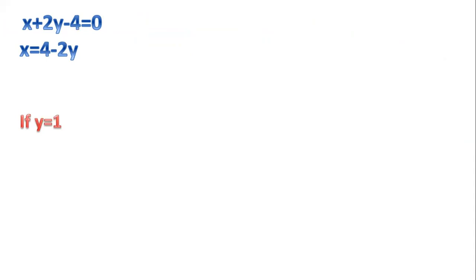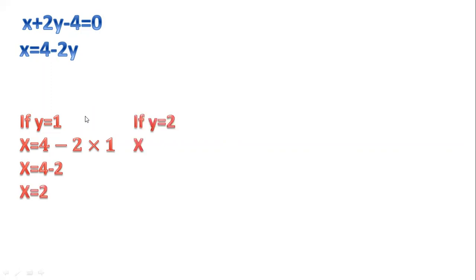Here you can put any value for y because there is no denominator. If y is equal to 1, then x is equal to 4 minus 2 into 1, that is x is equal to 2. If y is equal to 2, then x is equal to 4 minus 2 into 2, that is 4 minus 4, 0.